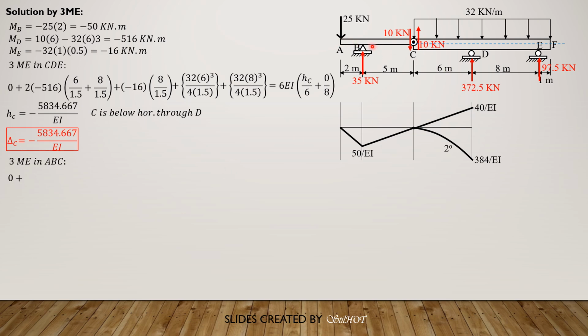So, three moment equation in ABC. Take note that the reference line is through B, and A and C will not be on the same horizontal line, as expected. So 0, moment at A is 0, plus 2 times moment at B, which is negative 50, then span AB is 2 plus span BC is 5. There's no denominator because the moment of inertia is just I, or EI is just EI.